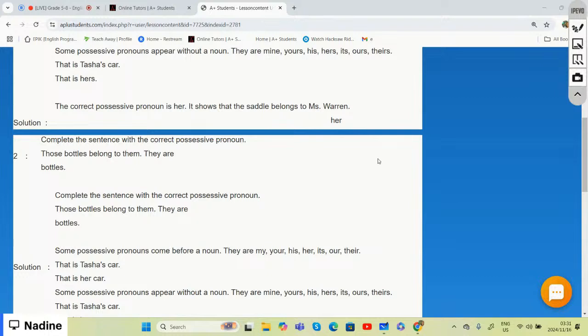So if the bottles belong to them, then what can we say? Whose bottles are they? So the bottles belong to them. We must say they are bottles.